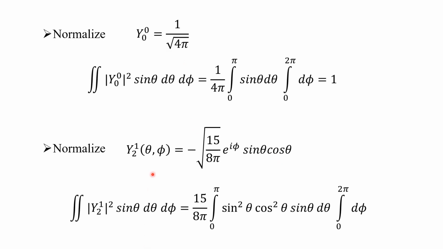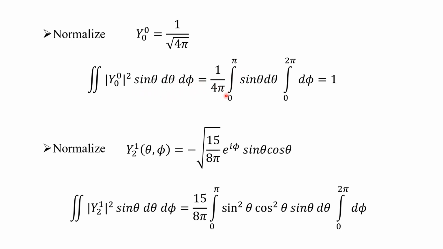Now our next task is to check whether these two spherical harmonics are normalized. First you take the spherical harmonic Y00. To normalize it, you take the double integral of the modulus square of this one, Y00, times sine theta d theta d phi, because this spherical harmonic is a function of theta and phi.